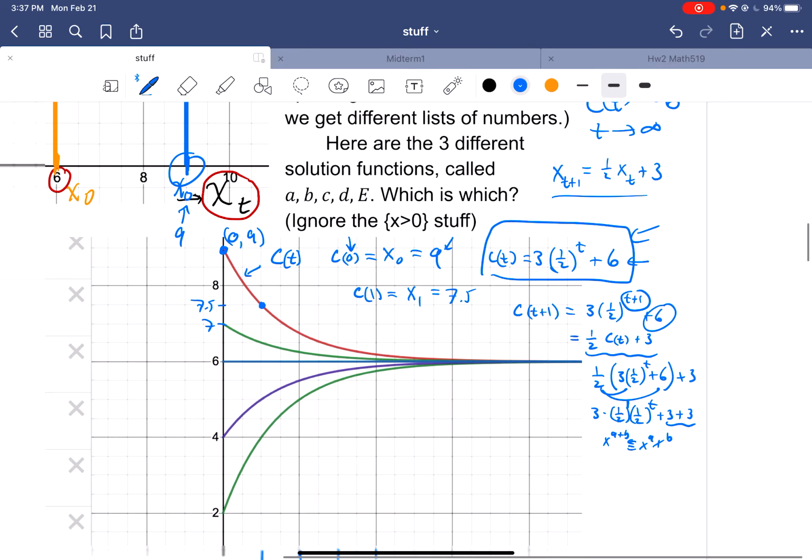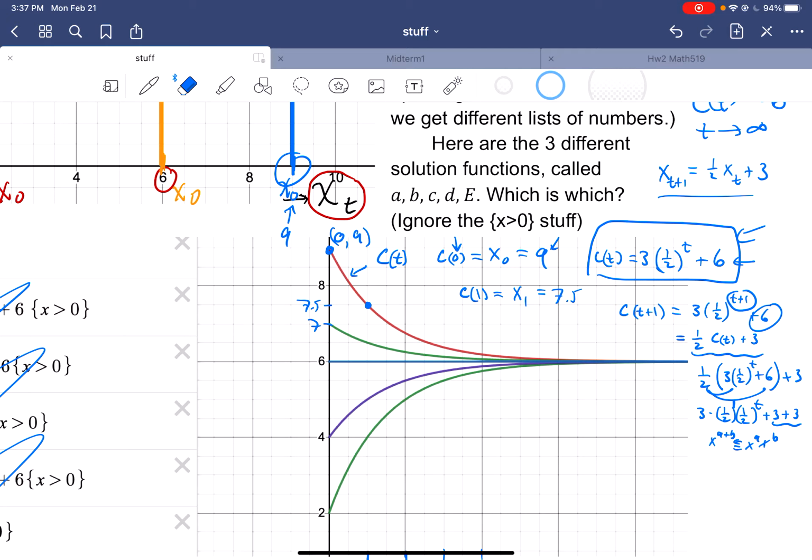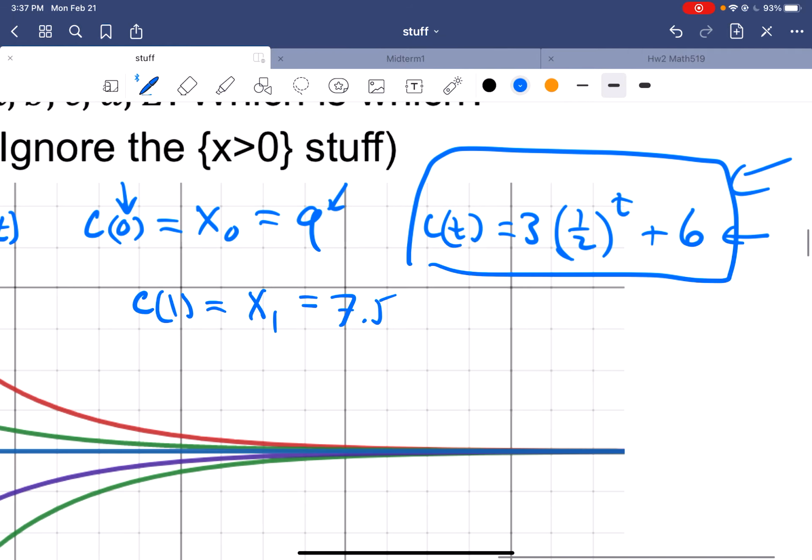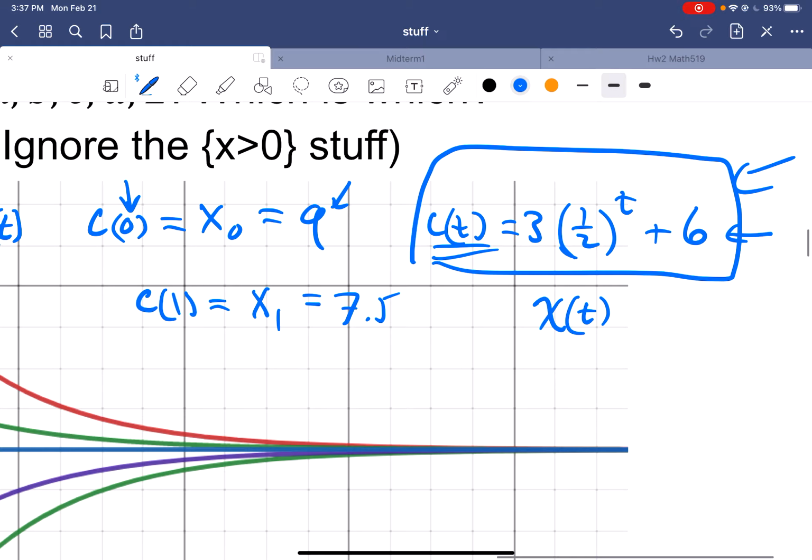Anyway, all of this is to say that my solution function, normally what I would love to write is, instead of calling this function c of t, I would call it x of t, and I would say it's equal to x subscript t. Normally that would be great. I just have multiple paths here, and so it becomes ambiguous. The updating function is telling you how these y values change.